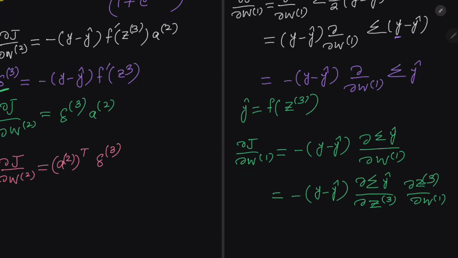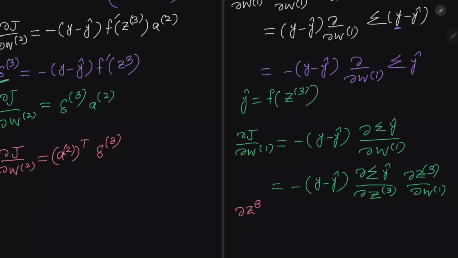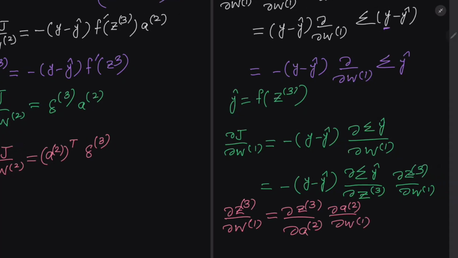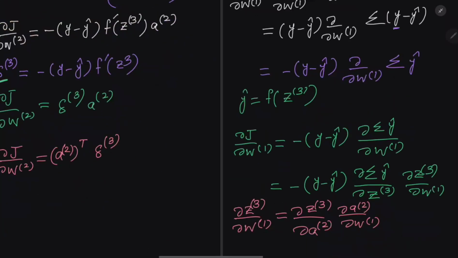We know that partial z3 with respect to W1, and we also have to apply the chain rule again, partial a2, and partial a2 actually contains partial W1. This is very interesting. This is a good mathematics. So we have z3 over here.